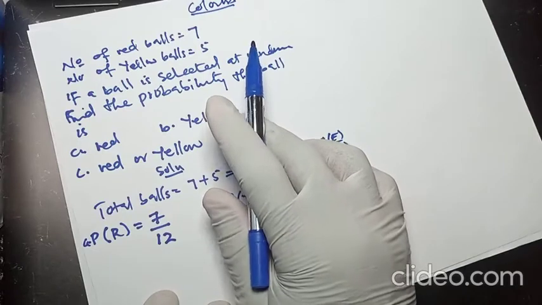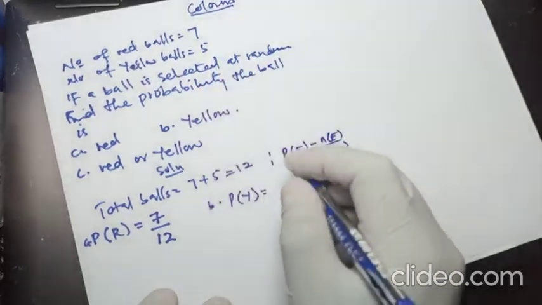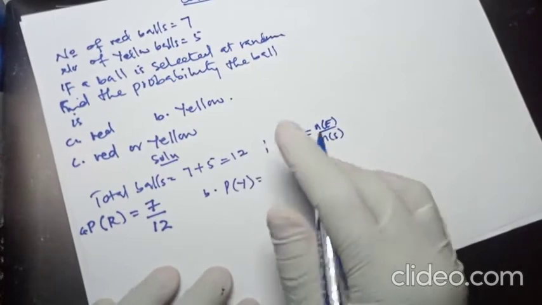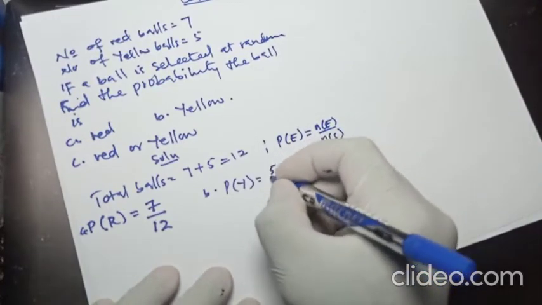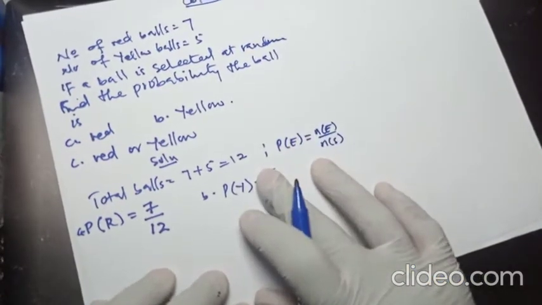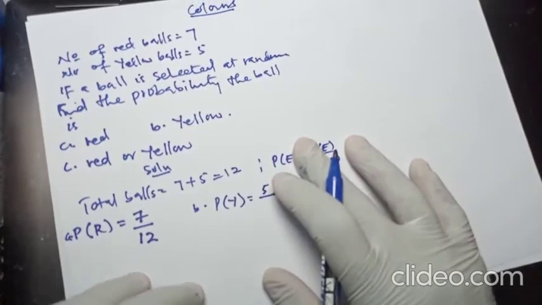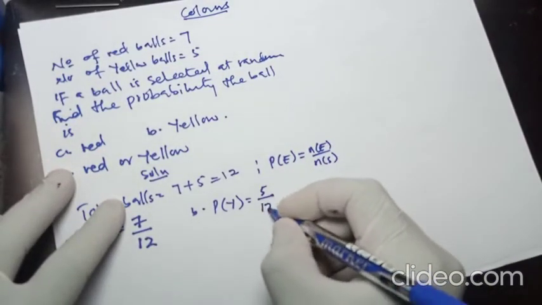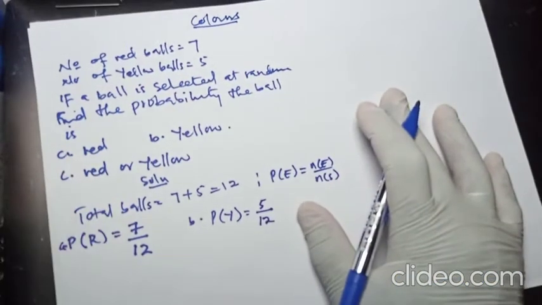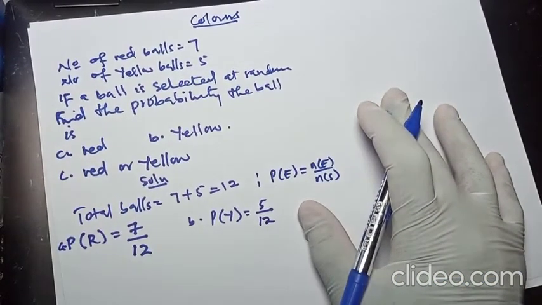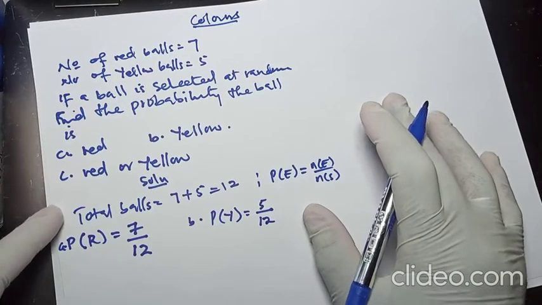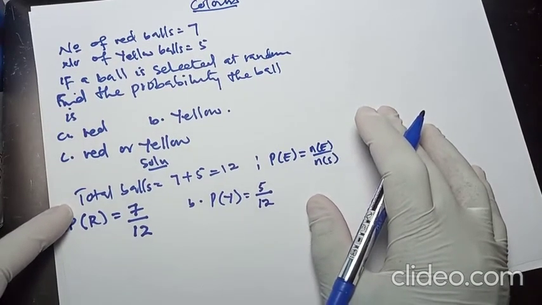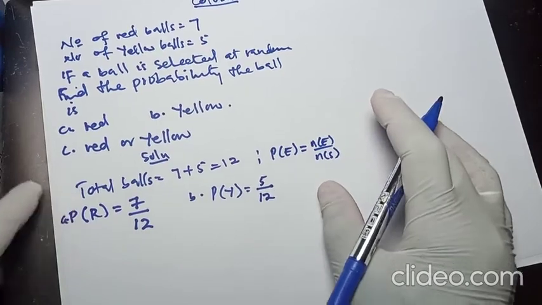Each of them has a chance of being selected, meaning our number of events will be 5 over the sample space, which is 12. So this too is the answer for the yellow. I think we can break it down, but we just leave it like this.